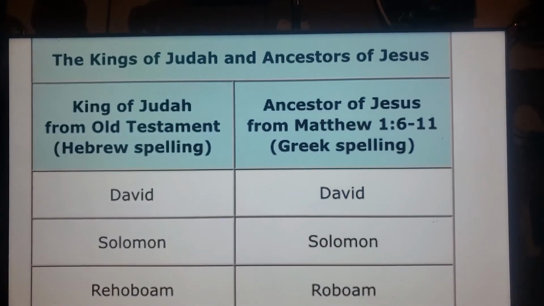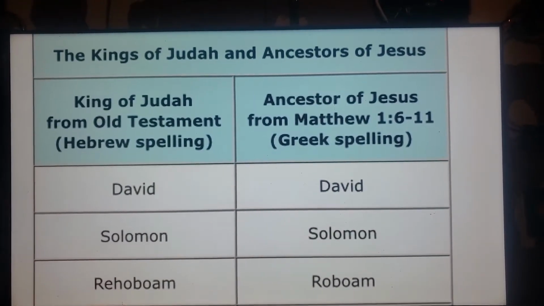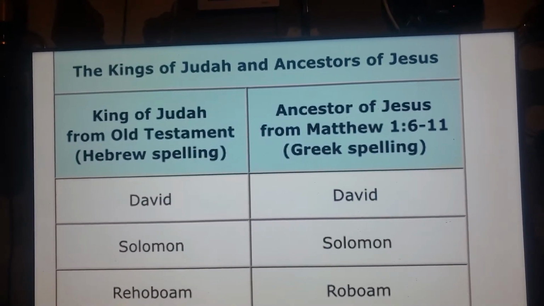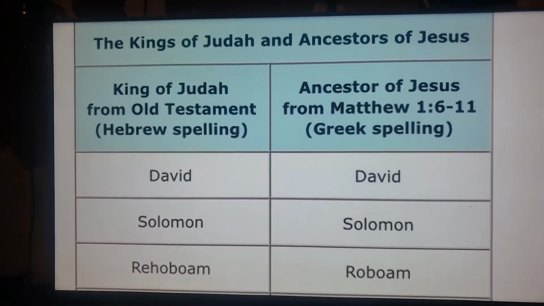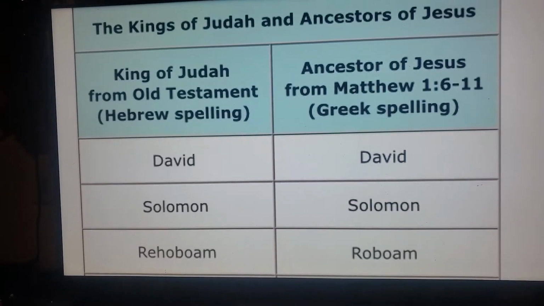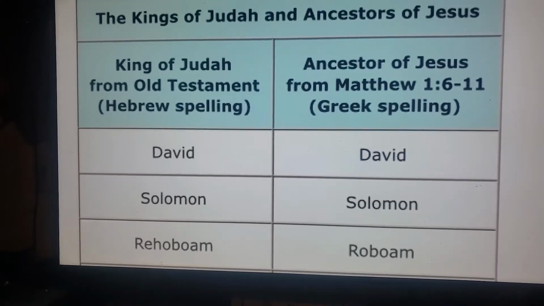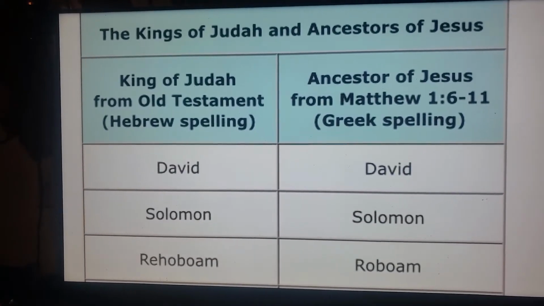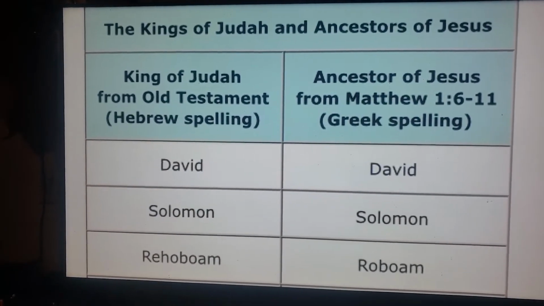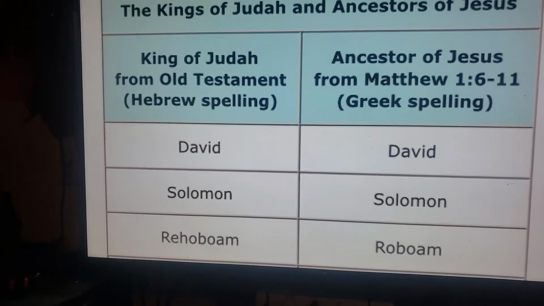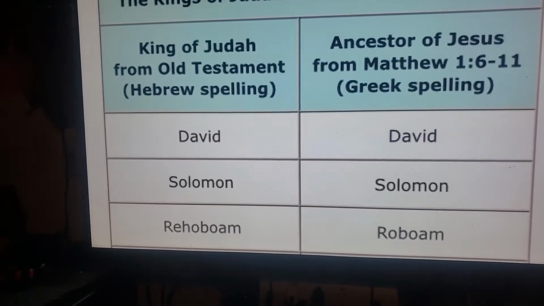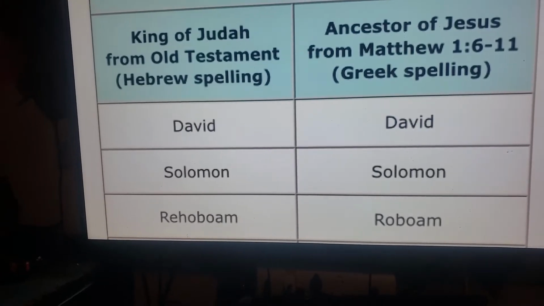Now, this is a chart of the kings of Judah, and this is when there was one nation and one stick. The stick wasn't broken in half yet. Now we notice that you've got King David, Solomon, Rehoboam, if I'm saying that right.